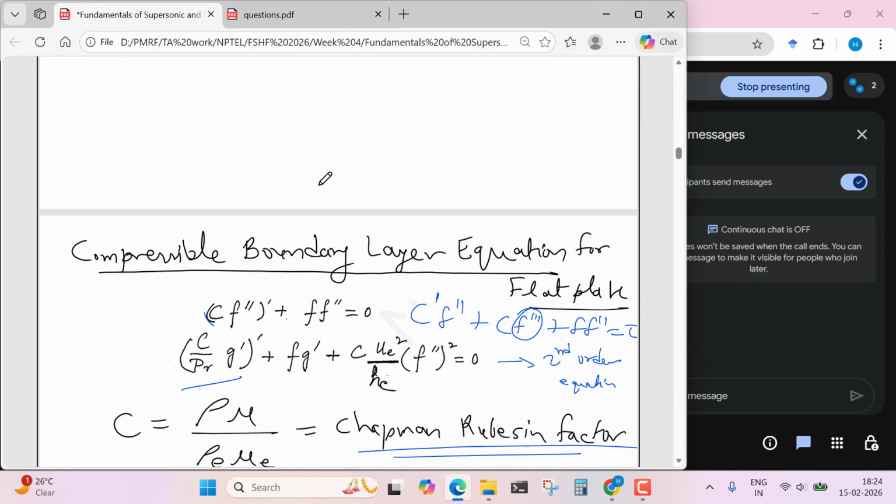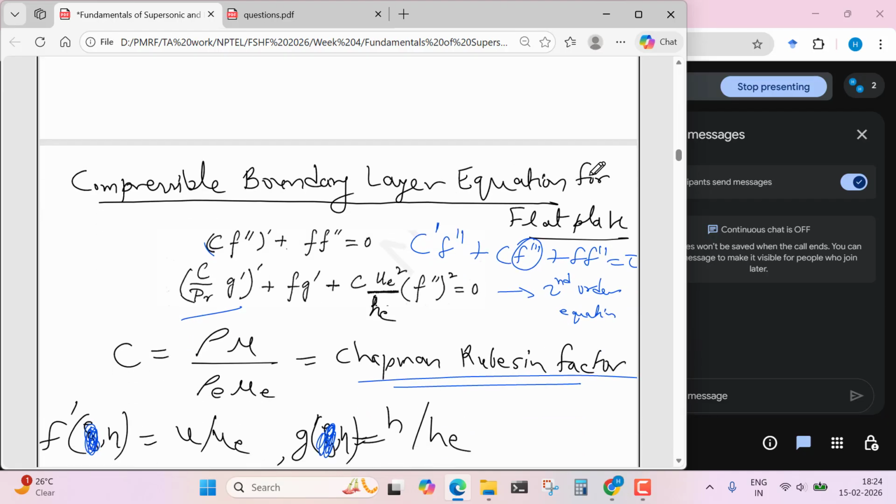Okay, so let's now check compressible boundary layer equations for flat plate, which is given by (C F double dash)' plus F F double dash equal to 0. This is for the momentum equation.